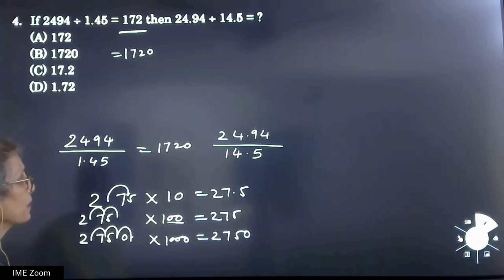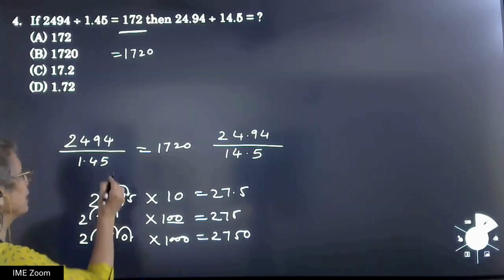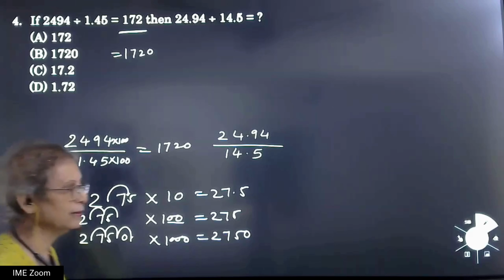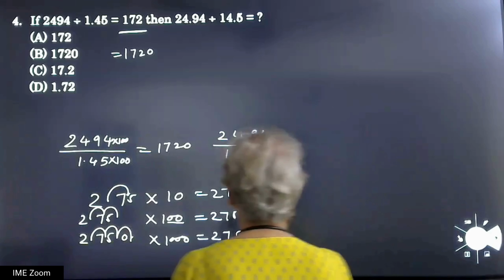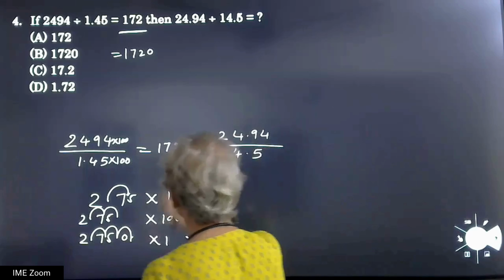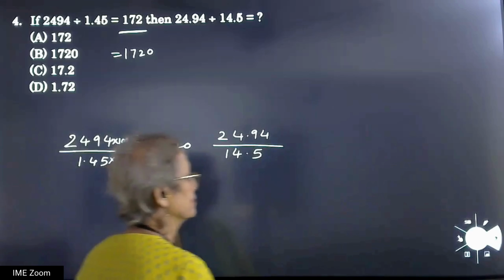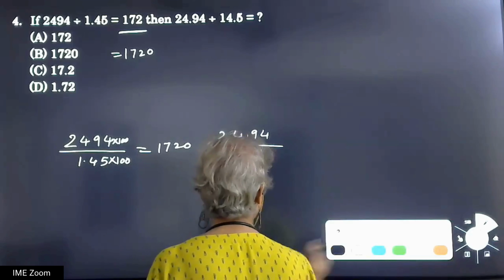Same rule, right? So here what we will do, we want to remove this decimal point. So multiply this by 100. Okay, and then what will happen? Let us see what will happen.